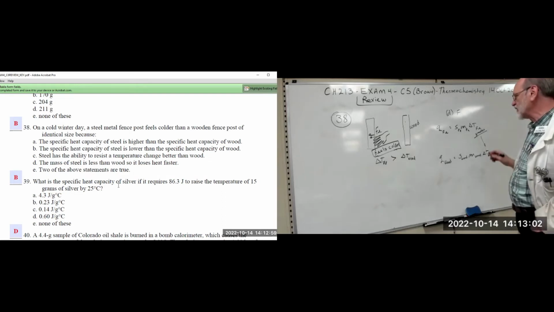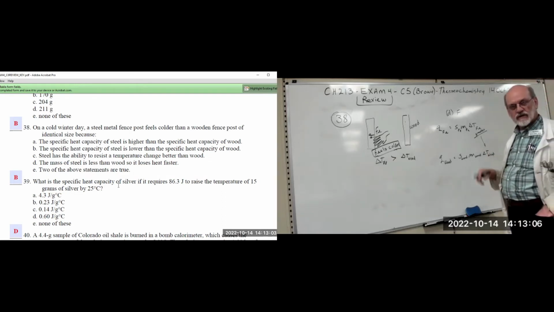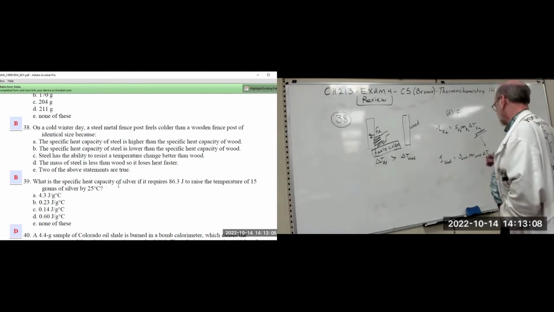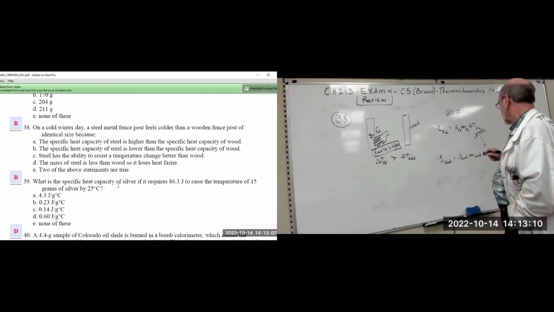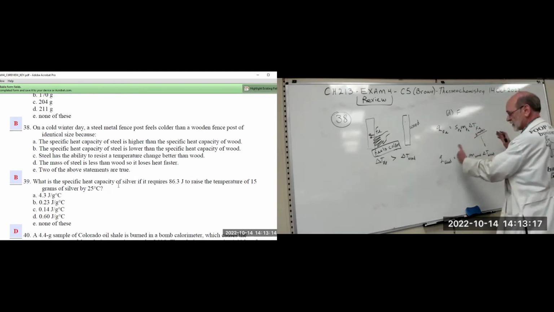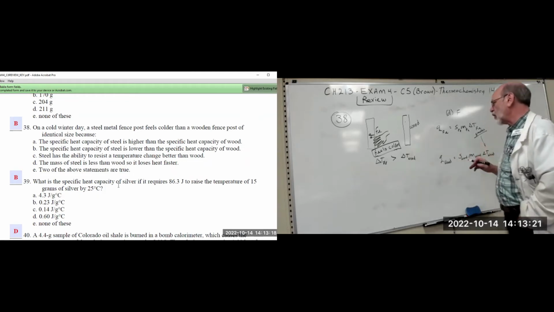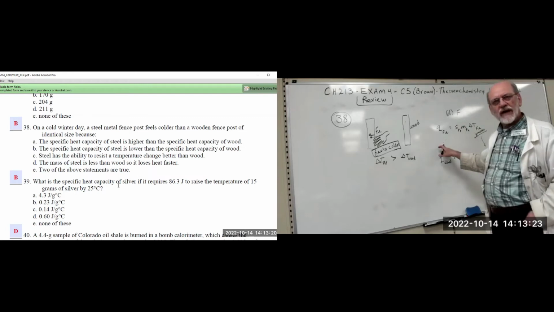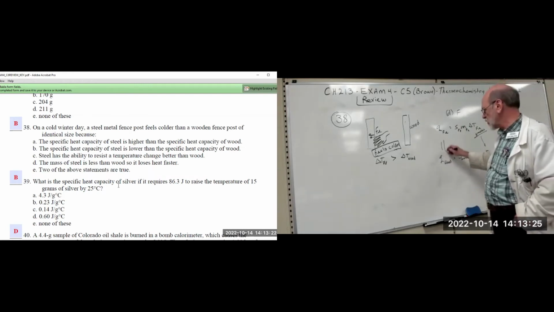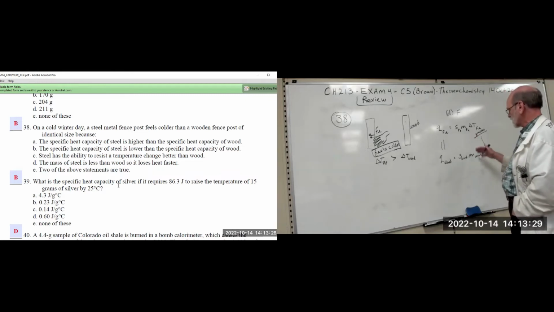Okay, we've got a bunch of variables going on here. Something has to be held constant in order to make the comparison. If this temperature change is greater, if this increases, notice that these are products. So let's say we hold the amount of heat constant. Say these are equal. The masses are different.